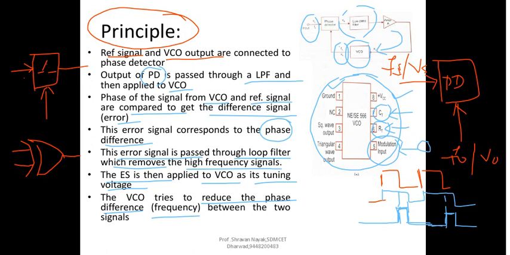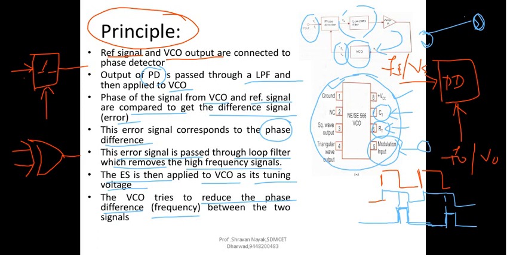In this way, whatever frequency deviations you are going to have here are going to be reduced by means of the voltage controlled oscillator. So here you provide the input frequency or the reference frequency.